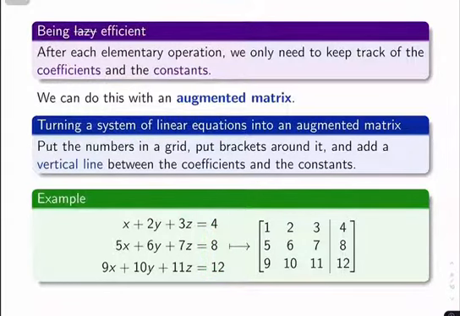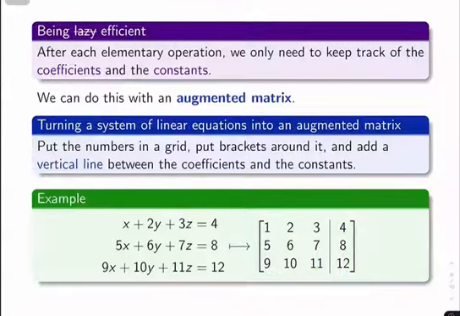And when we're doing elementary operations, we really need to only keep track of the coefficients and the constants. And we can do this with what's called an augmented matrix. So what it is, it's really just you put numbers in a grid and you put brackets around it, and then you put this vertical line between the coefficients and the constants.